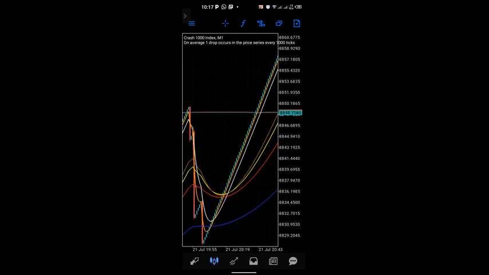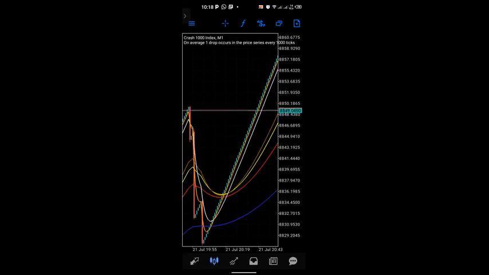First, the 200 was up, then the 80 came, then the 50, then the 40, and the smaller ones. But at this point now, the major trend of the market: the 200 is below, the 80 comes, the 50 comes, and the 40 comes. That is telling you that this is now an uptrend.